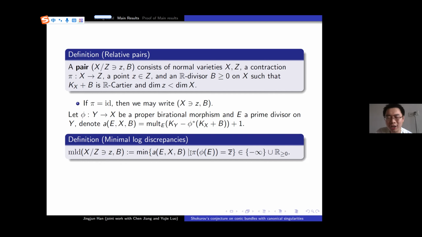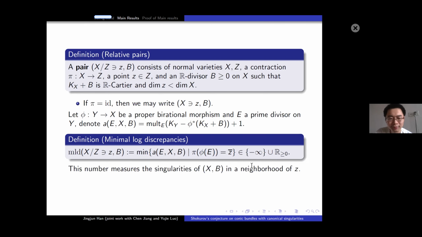At the beginning of our talk, there was no assumption on the center, and here we need that the center of E is exactly equal to the closure of this point z, and we can show that the minimum can be achieved. So this definition is well defined. It takes values in minus infinity and the union of the real numbers.